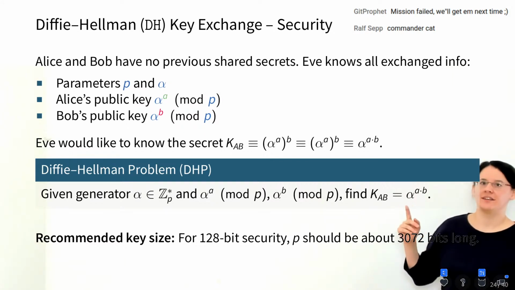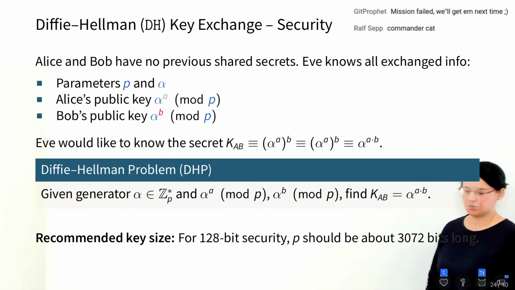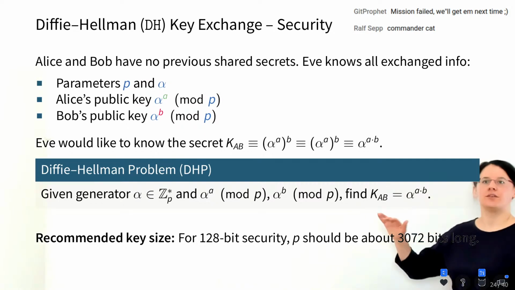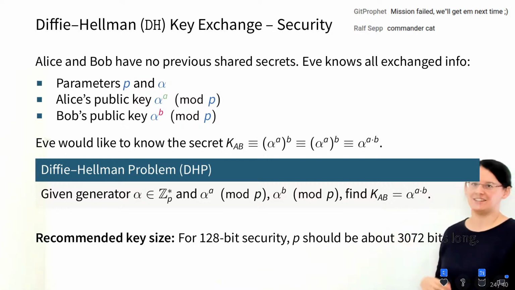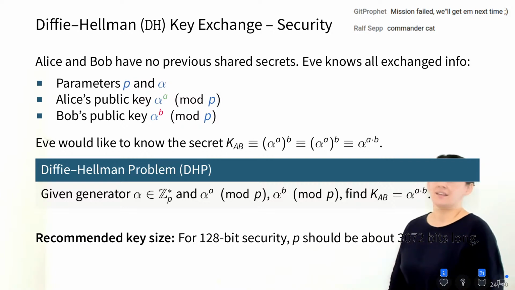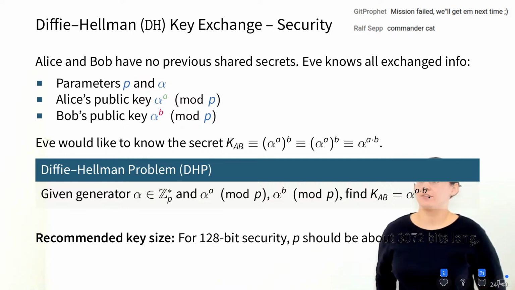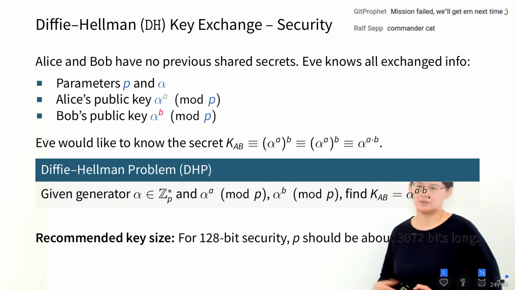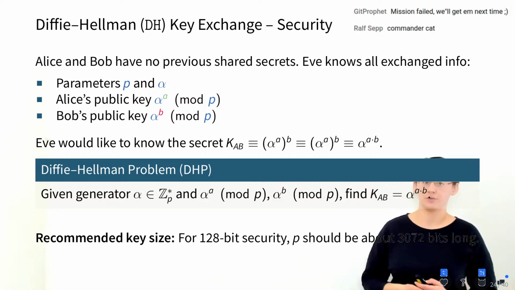And you can imagine that exponentiating by such a large number, even if you do it in an efficient way, for example, with square and multiply, is going to take a lot of operations on your CPU. So it's so much slower than AES that it's really hard to compare. Okay, but this is the most basic building block and the first approach for how you can agree with your partner on key material to use with AES, for example.